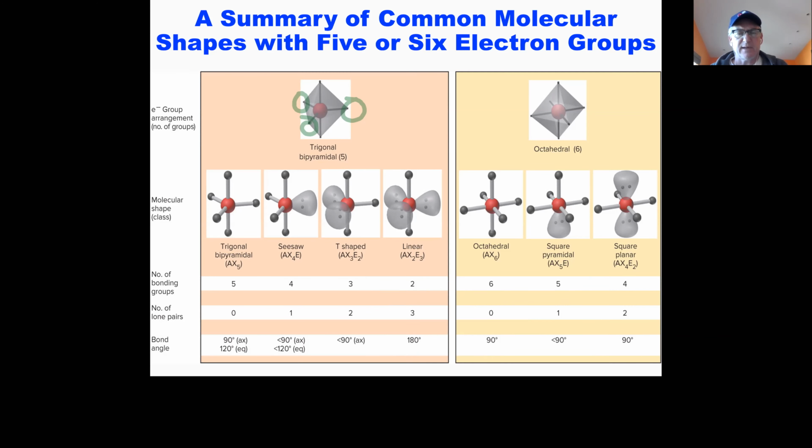Which one are you talking about? AX3E2. Right, T shape. Why wouldn't the lone pairs go to the axial instead of equatorial, like here and here, having 180 instead of 120?